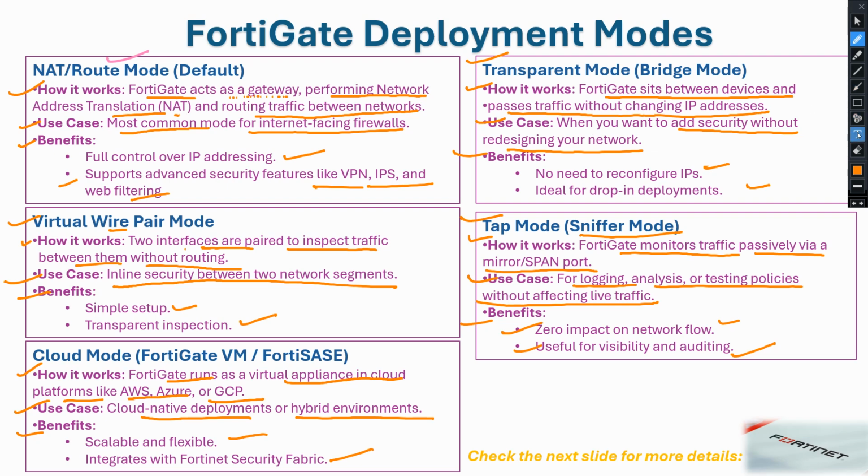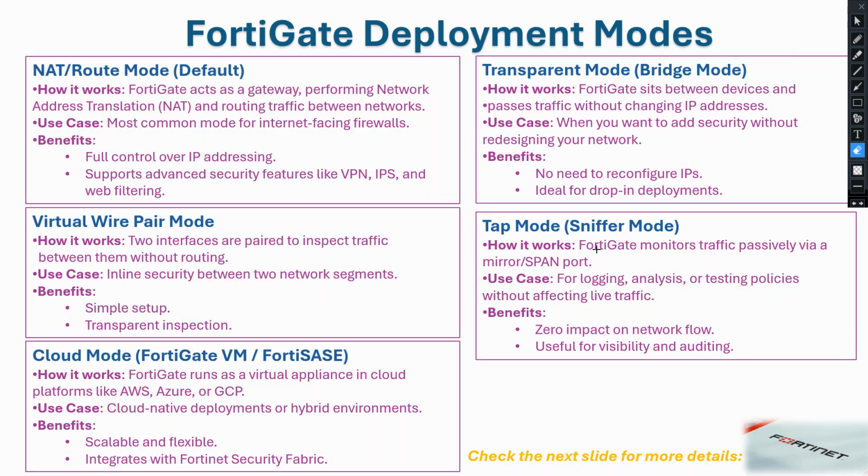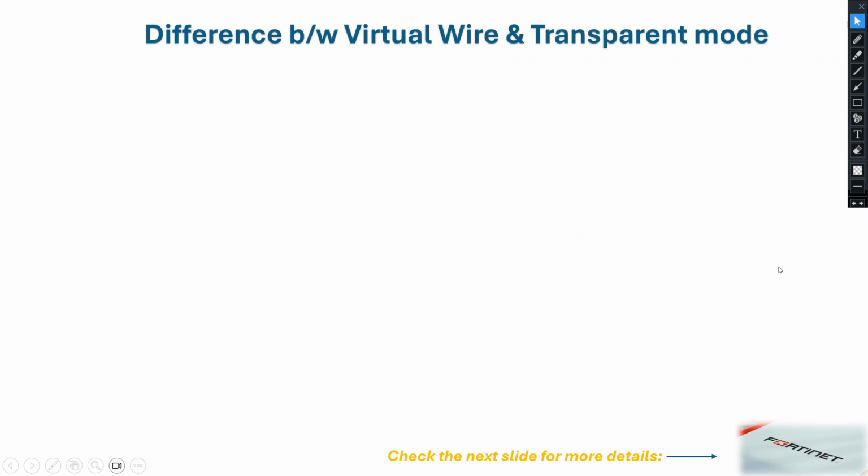If you know, you can skip the next lecture, or if you have doubt, I'm going to cover it in the next slide. Let's start. The difference between the virtual wire and the transparent mode. Okay, let's do it in the next lecture.